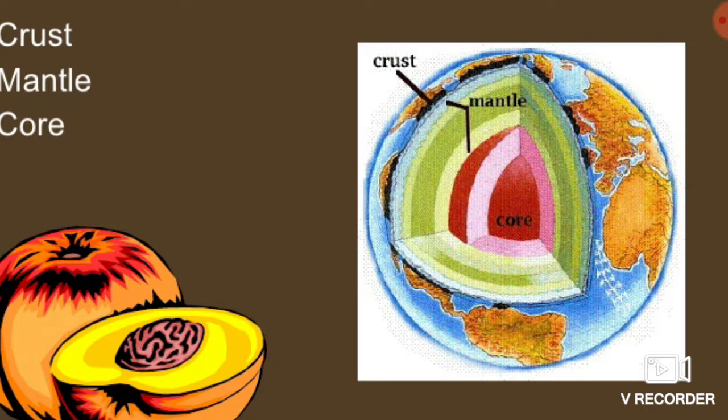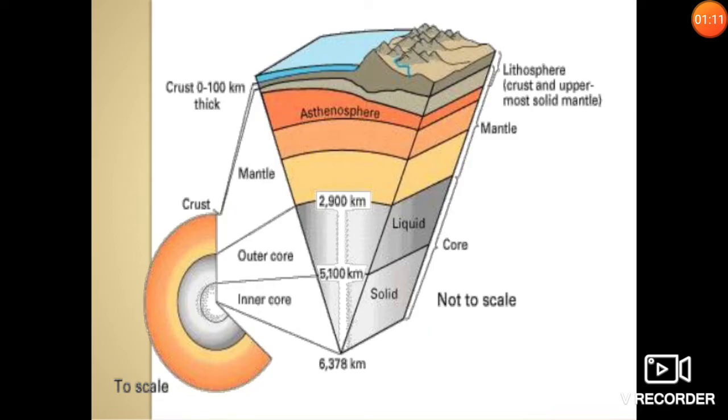We can understand better with another diagram. See here, when we cut a piece of the earth, an imaginary piece of the earth, we can see the crust, that is the uppermost layer of the earth, representing both the oceanic part as well as the continental part, and just below it is the lithosphere.